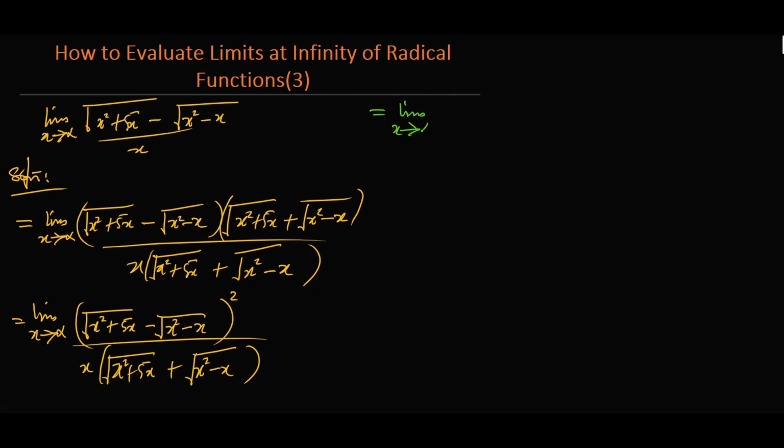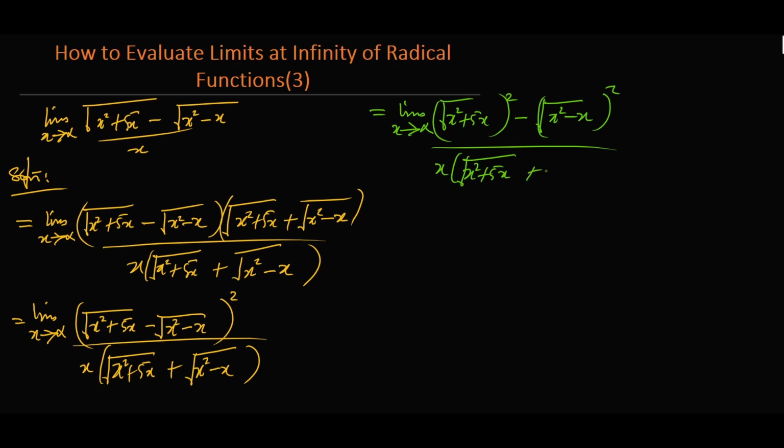as x approaches infinity. So we simplify. If we expand that, we are going to have root x squared plus 5x squared minus root x squared minus x squared, all over x multiply the entire expression there, which is root x squared plus 5x plus root x squared minus x.